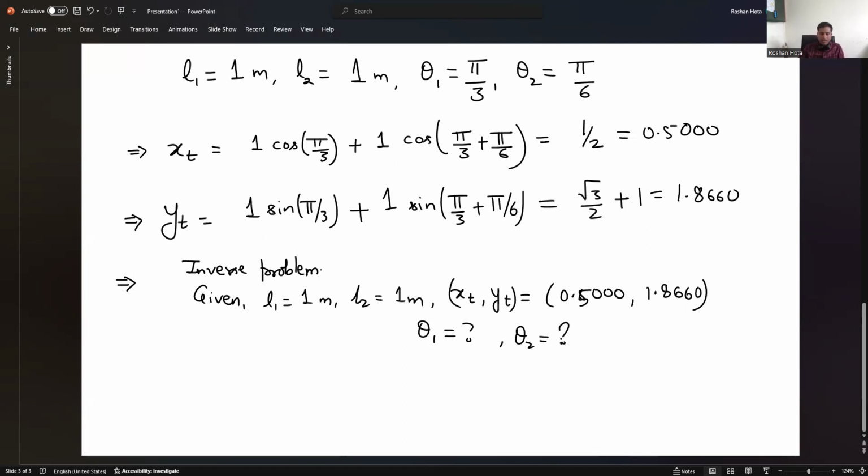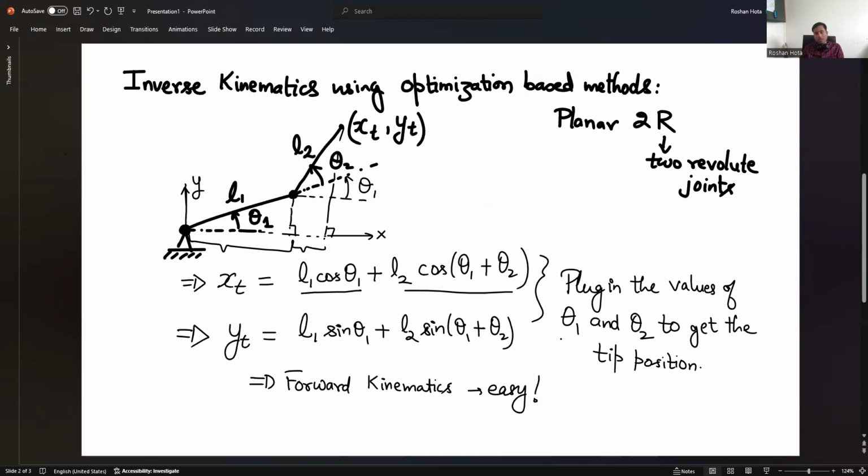One way of solving it is to go back to these equations. These are trigonometric equations, and these trigonometric equations can be solved analytically by doing some algebraic manipulations like squaring them, adding them, subtracting something.